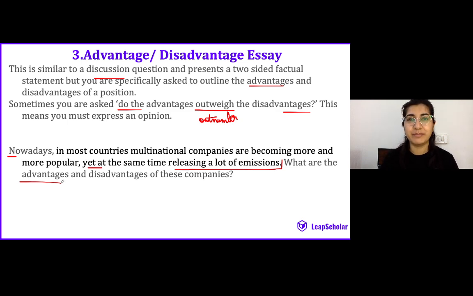Let me give you an example. A lot of these multinational companies are now recycling their products or are aiming at reducing their water intake. So, think about the advantages which they pose in terms of the environment. Or, for example, you could say if they are including any environmentally beneficial practices.